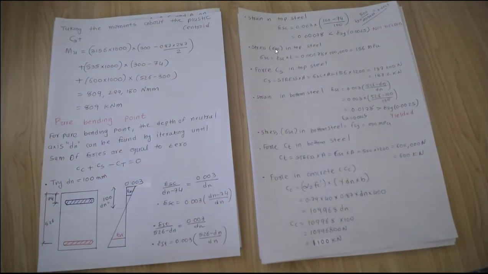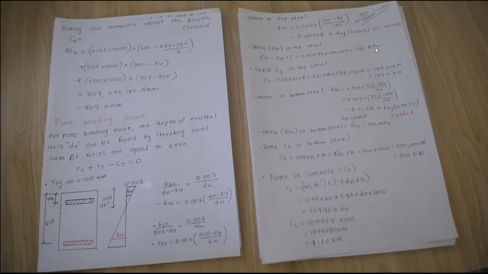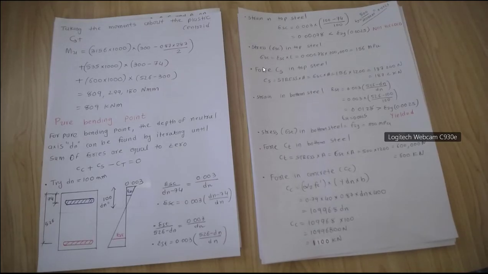Now let's calculate the stress value. Stress sigma s is just this strain times the Young's modulus. So let's put sigma sc equal to that strain times 200,000. Let's check, we get 156 there. Yep, 156 megapascals. If you want to put the unit, we can put the unit here as well. The next step was where we calculated the force in the top steel.